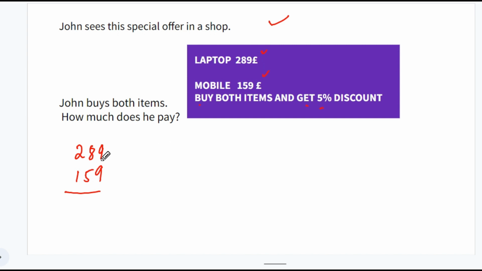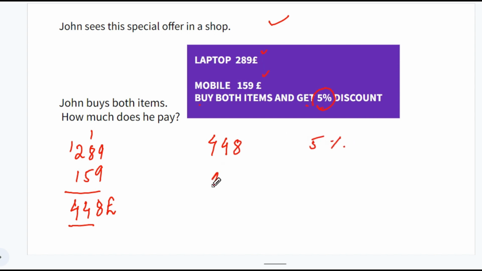First we need to add the prices of both laptop and mobile: 9 plus 9 is 18, and 8 plus 5 is 13, and 2 plus 1 is 3. So 448 is the total amount he has to pay. But now he is going to have 5% discount. 5% discount means how much?